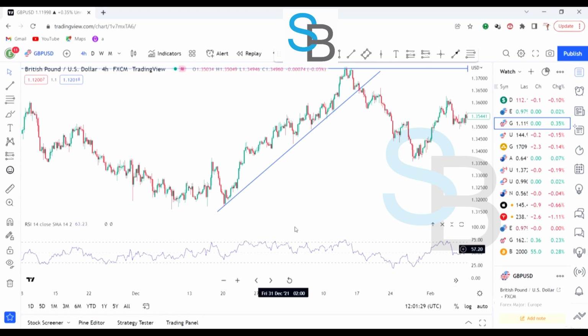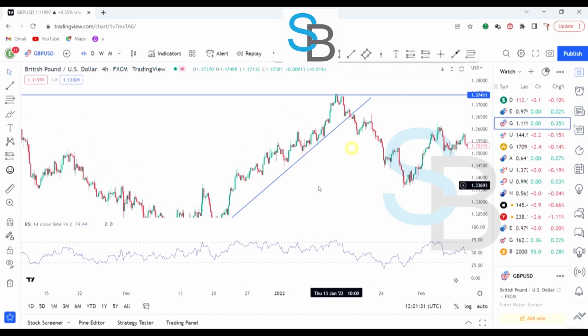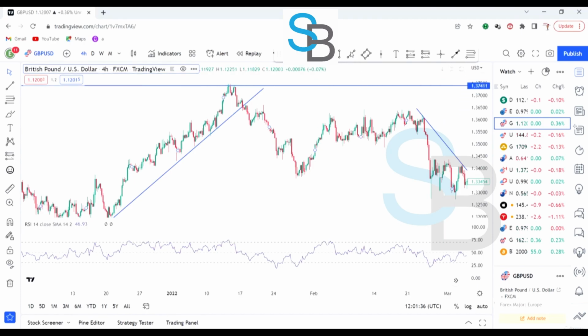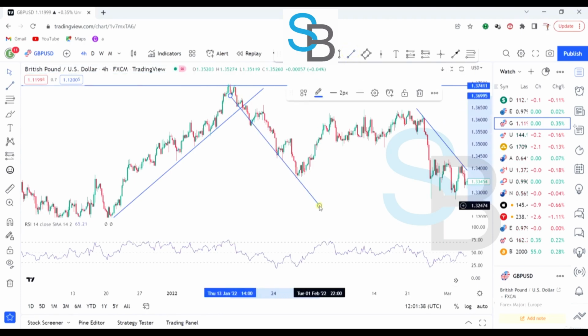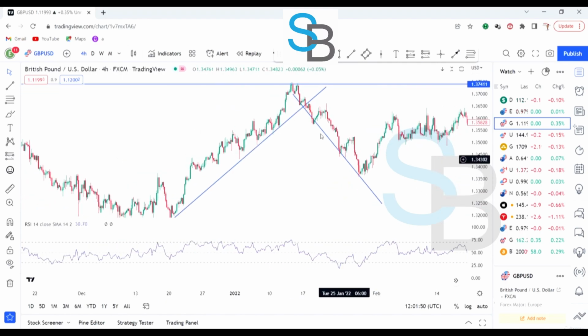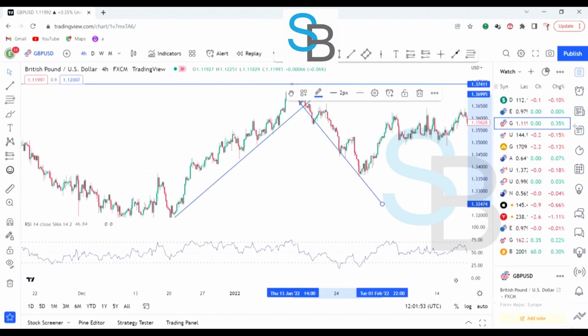You can see it just kept going up while price kept trending up. You can see another example here. In this little downtrend, whenever the market retreats to a point like this, it fell. So we could use the RSI for confirmation and for directional bias.